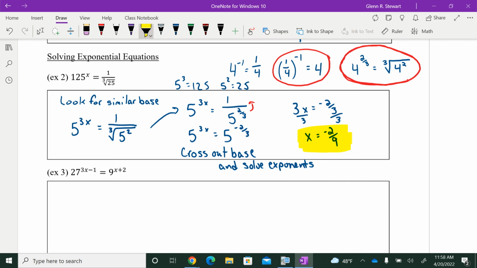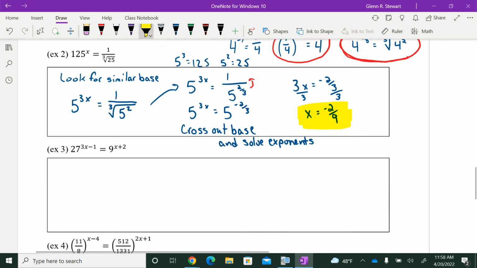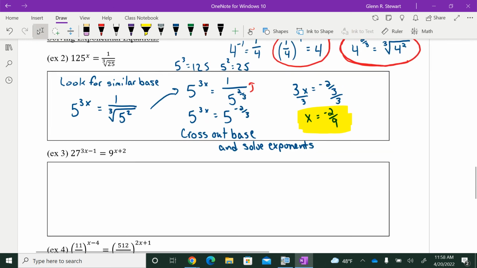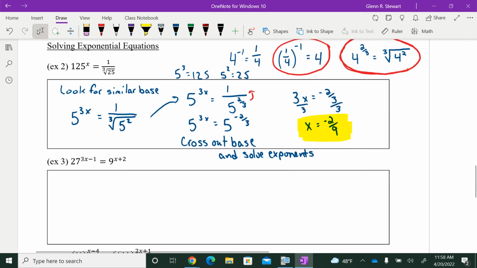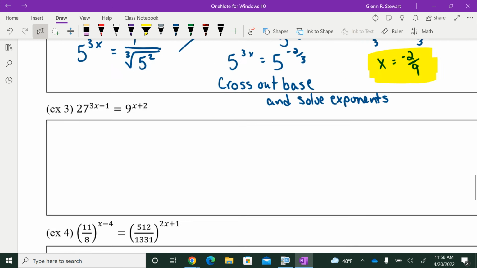Like I said, this is the more abstract part of the notes for today. I'm going to walk you through the next two examples, and then after that, we're done. Take a look at example number 3.